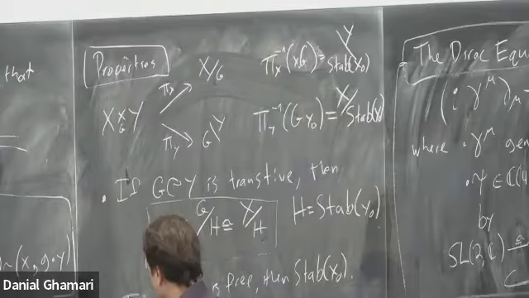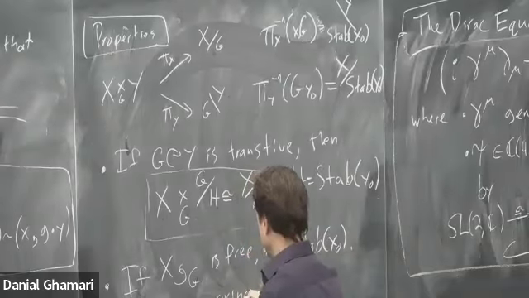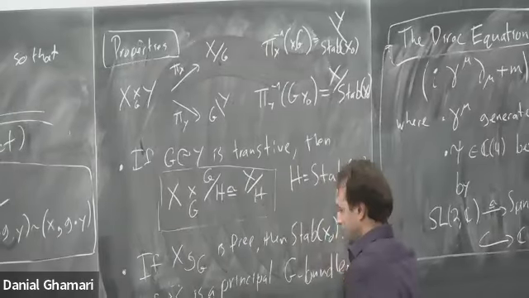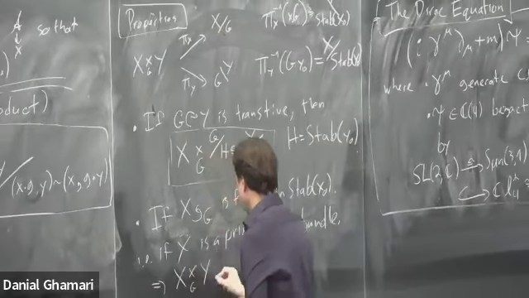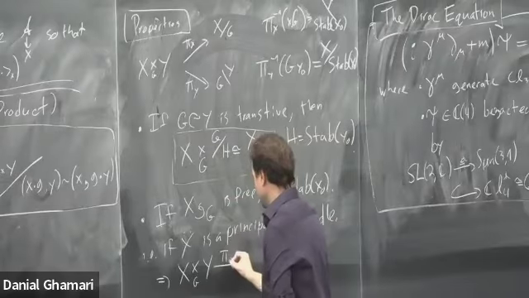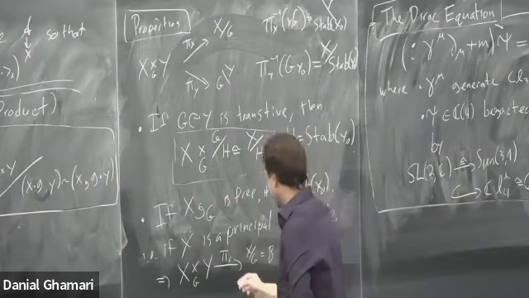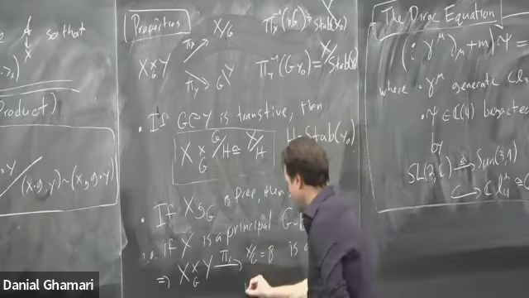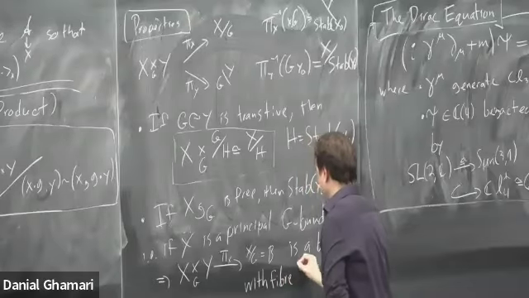I.e., if X, in fact, is a principal G bundle, then taking X cross over G with anything here, the projection to X mod G, which is the base space, is a bundle with fiber, what's the other thing? Y.